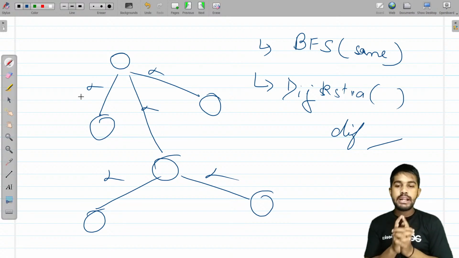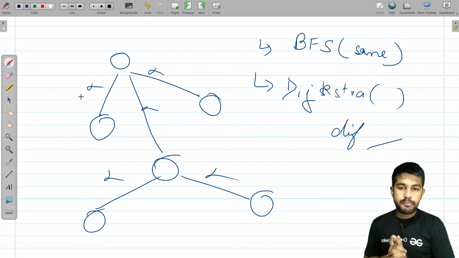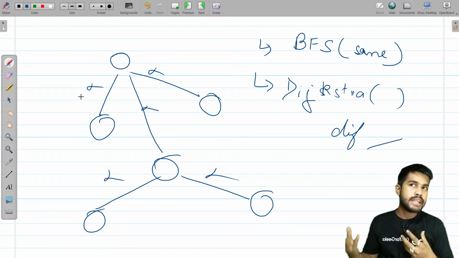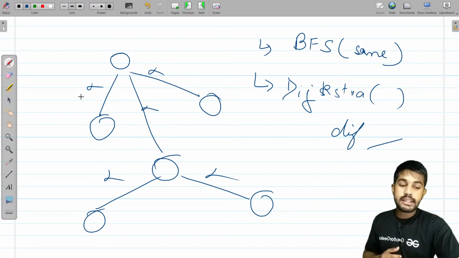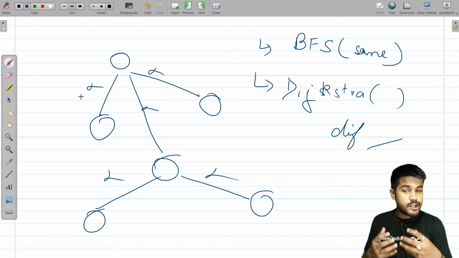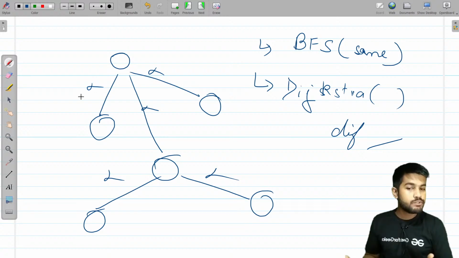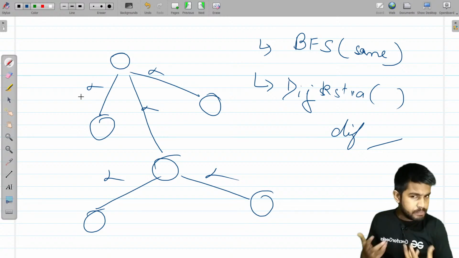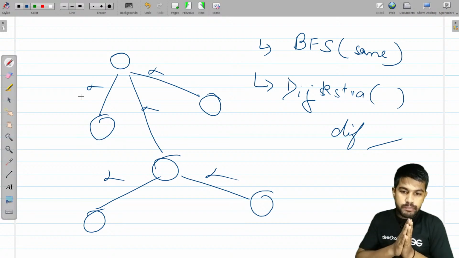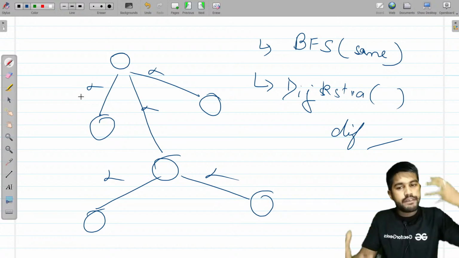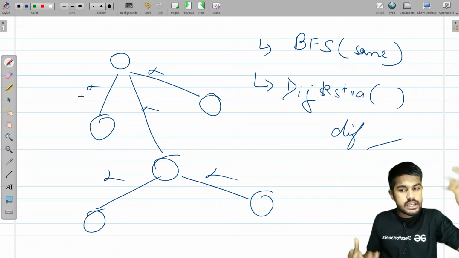You would build a vocabulary that when the weights are the same, I would be using BFS, and when the weights are different, I am using Dijkstra. Now why am I emphasizing this so much? Because it might be the case that this exact question won't come, but a variation would. If a variation comes and you have only learned the predefined solution, don't you think you would fail?